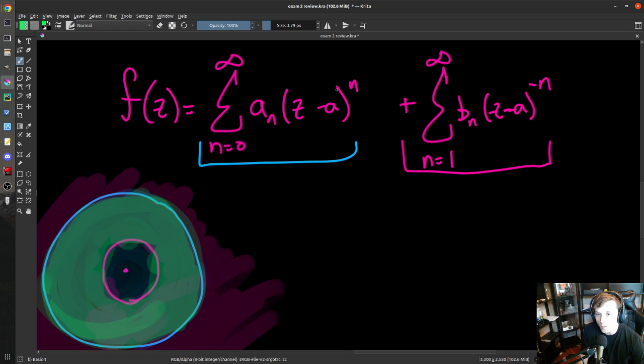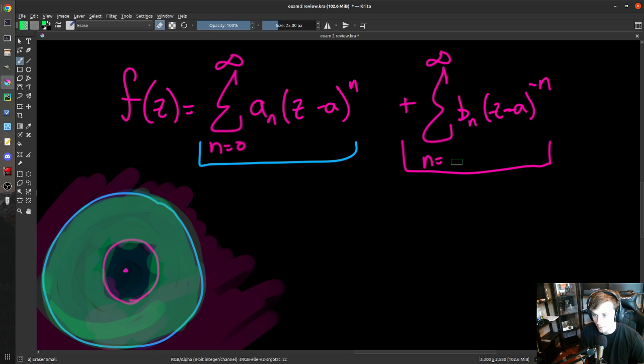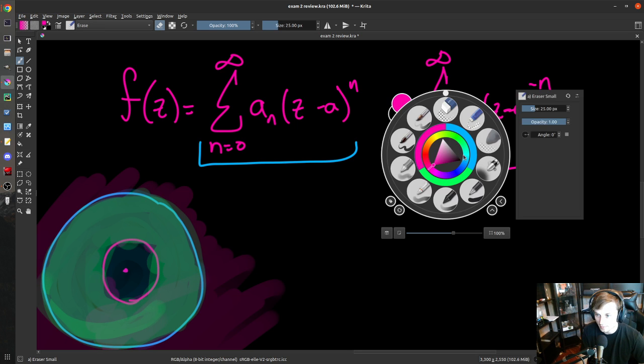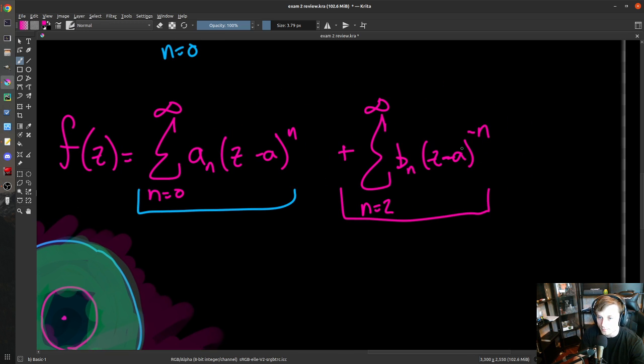So if we break all of this down, now when we start writing things out, notice I turn this into a 2. And then in between, I'll throw in this b1 over z, right?